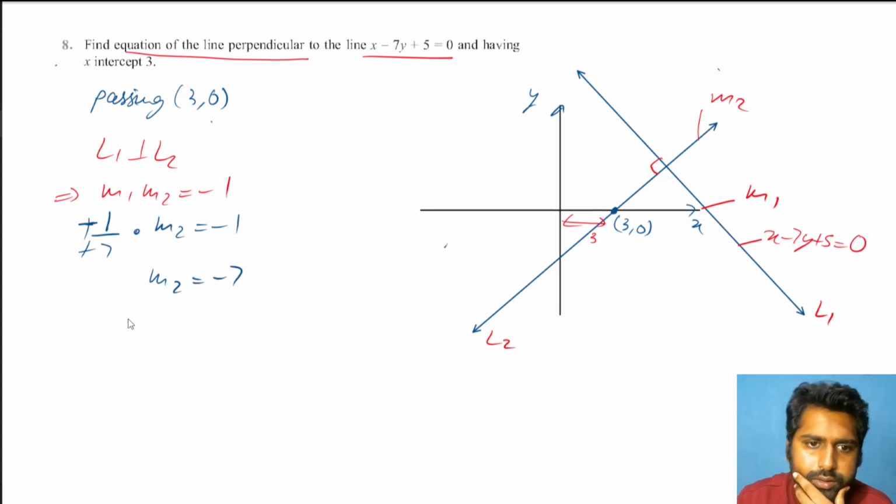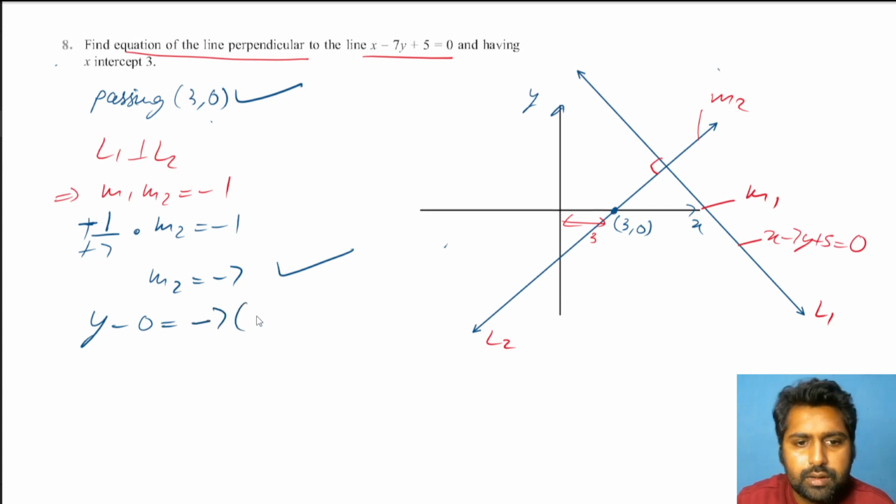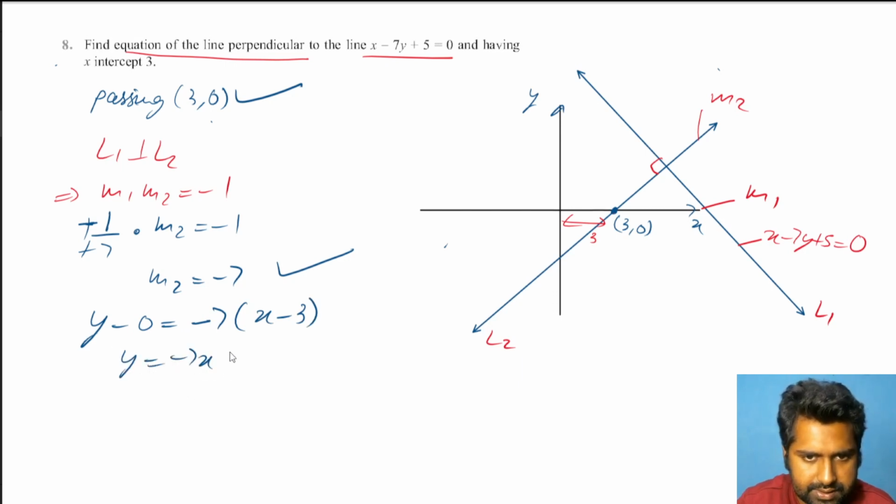So if you get m2, you have this line's slope and you have the passing point. Can we solve? y minus 0 is equal to slope m, x minus passing point 3. So it is coming y is equal to minus 7x plus 21.